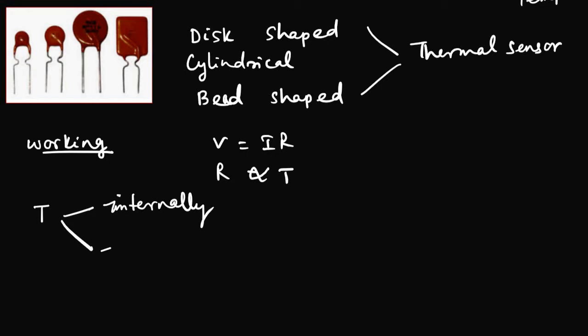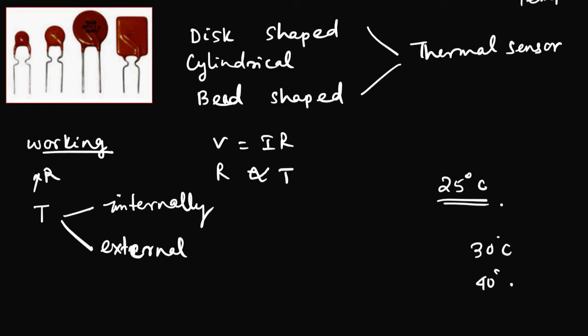Externally increasing the temperature is very easy, because whenever we are rating a resistor, we are rating it at room temperature. Now, if you want to increase the ambient room temperature from 25 degree to 30 degree Celsius or 40 degree Celsius, of course with the temperature increase, it will also change the resistance. So that is called external change of temperature.